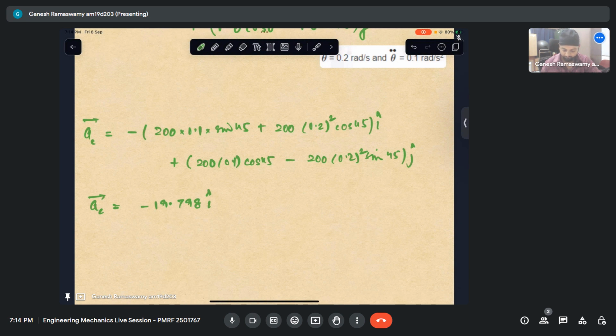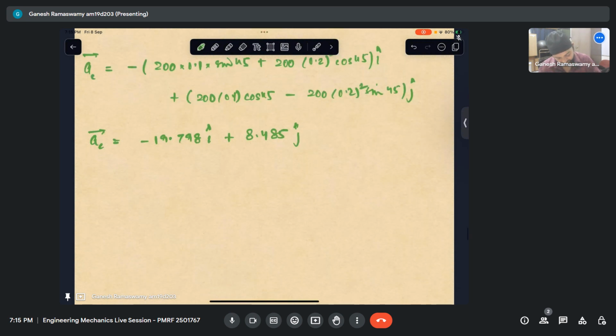So this comes to plus 8.485 J cap. So therefore magnitude of this is nothing but 19.798, so this is 21.54 meters per second square.